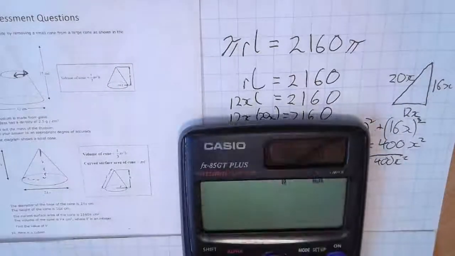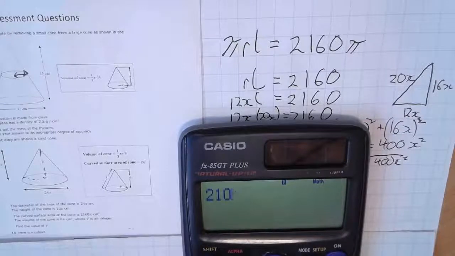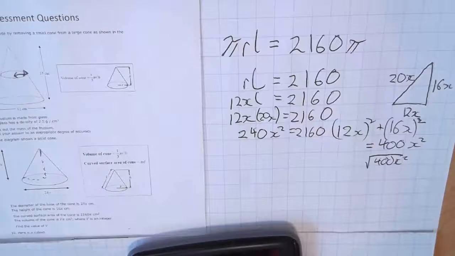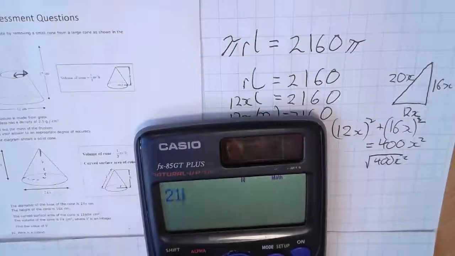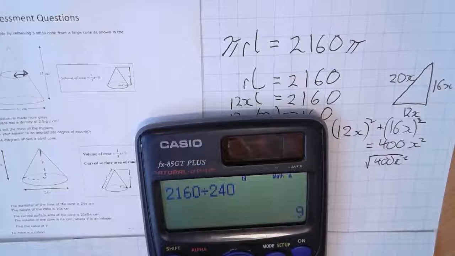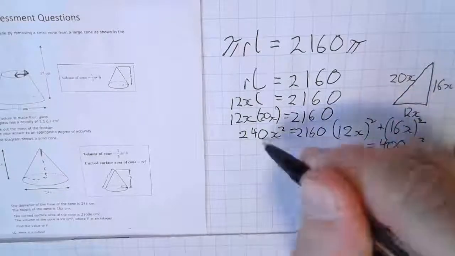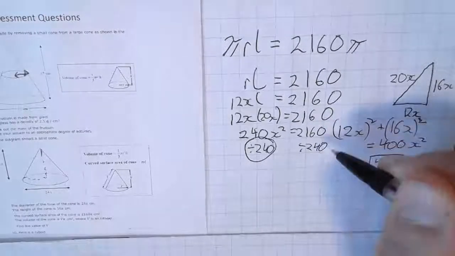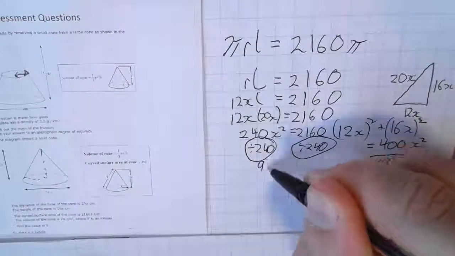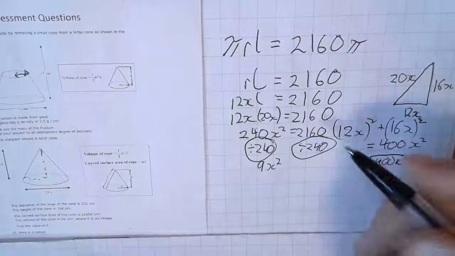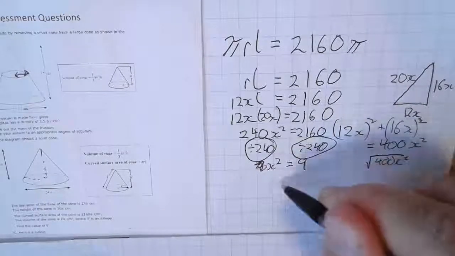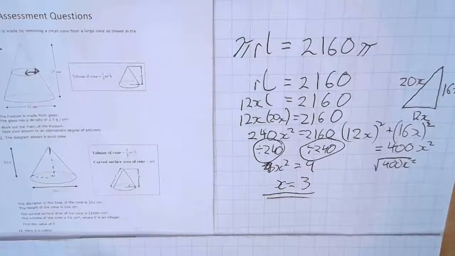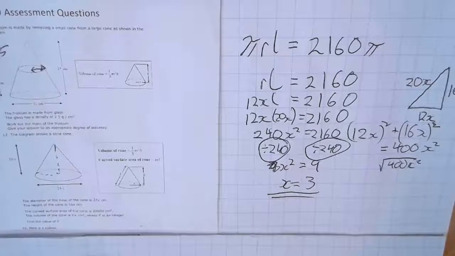So let's divide both sides by 240, so I've got 2,160 divided by 240. Oh, that's not right, is it? So 2,160 divided by 240. Yeah, so I've got 9. So x squared is equal to 9, so x is equal to 3. Not quite done with the problem. x is equal to 3.